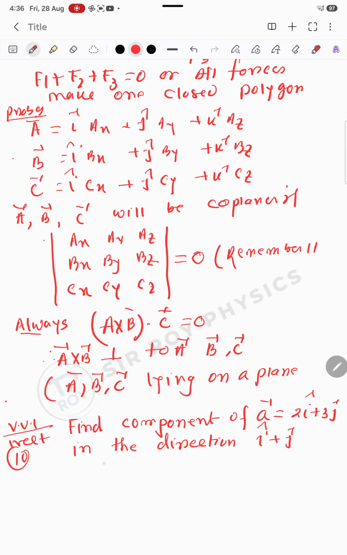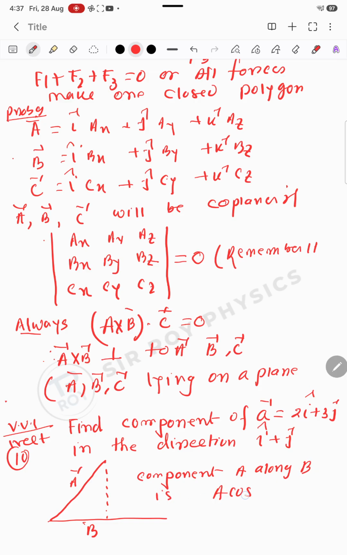Suppose A is a vector, you are taking component along B, draw perpendicular. Component of A along B is A cos theta. You multiply with B, divide by B, then it will be A dot B by A mod.